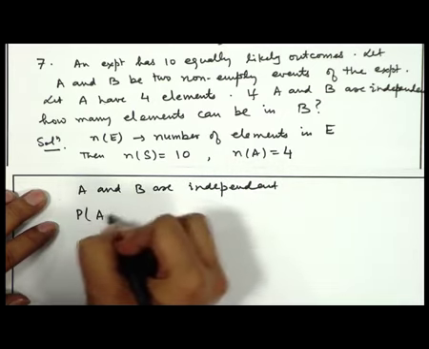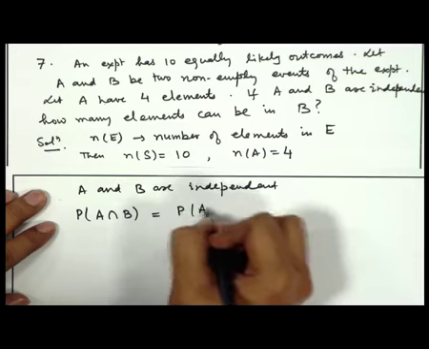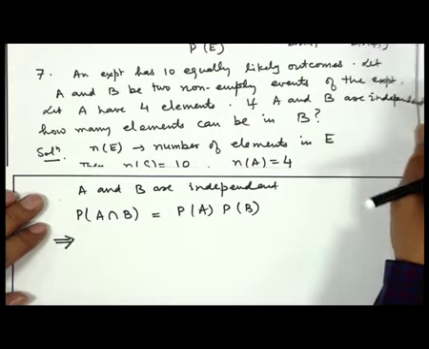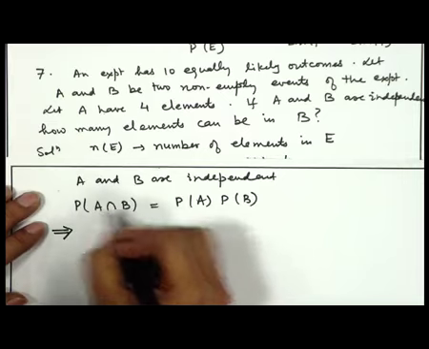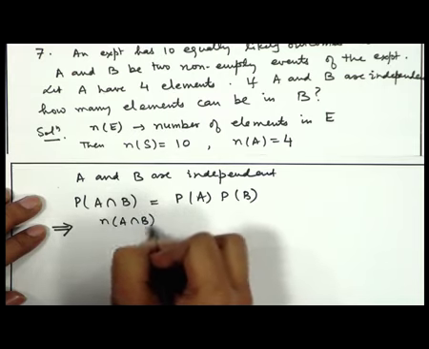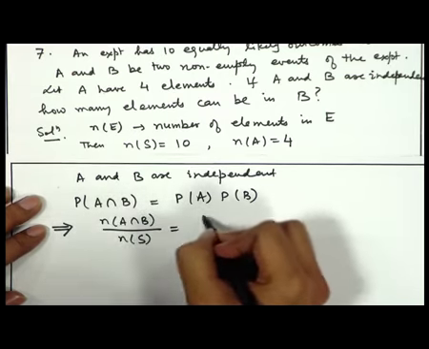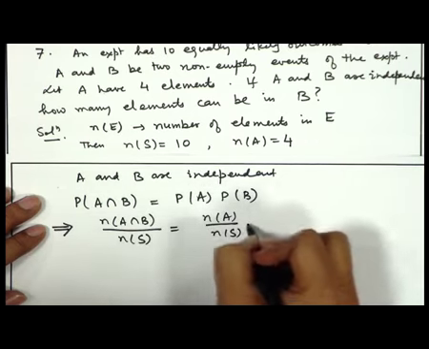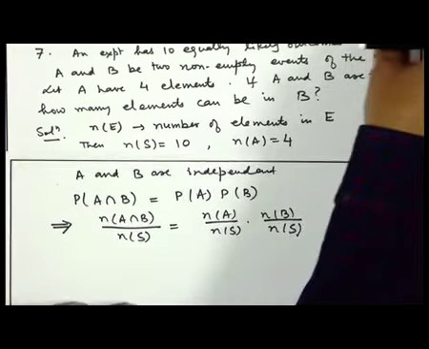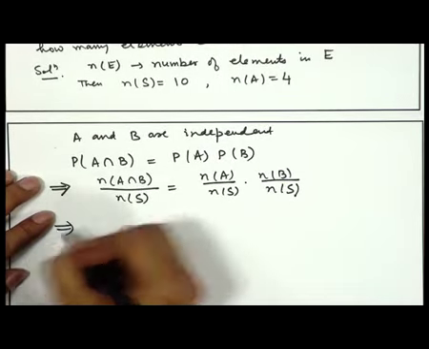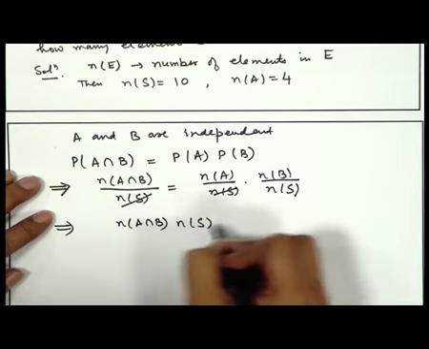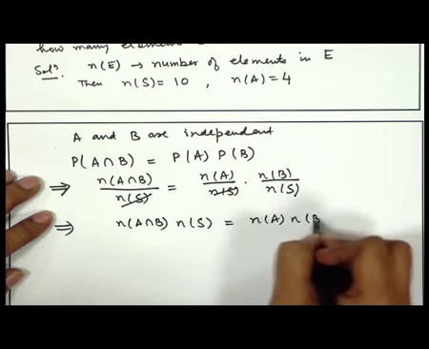So, the probability of A intersection B will be equal to the probability of A into the probability of B. Since the outcomes are equally likely, we can apply the classical definition: n of A intersection B divided by n of S is equal to n of A divided by n of S, n of B divided by n of S. We can substitute the values here: n of A intersection B into n of S is equal to n of A into n of B.